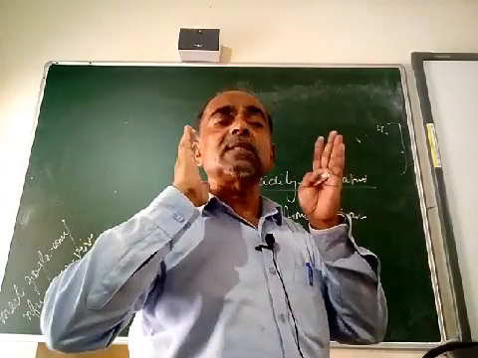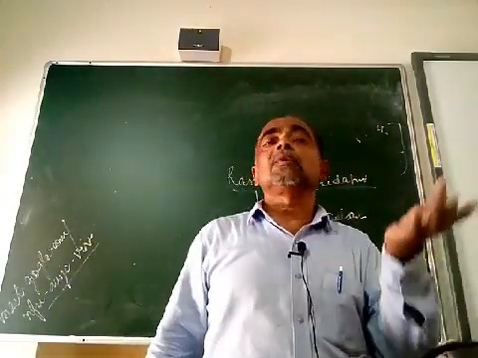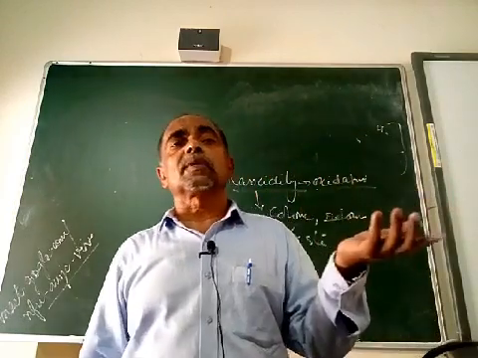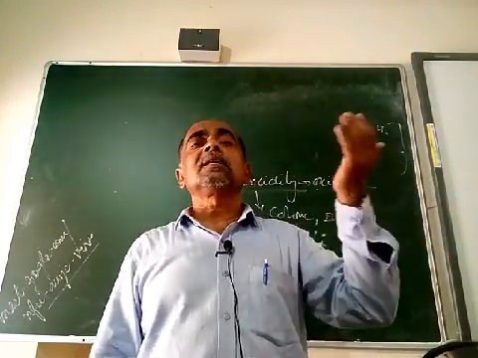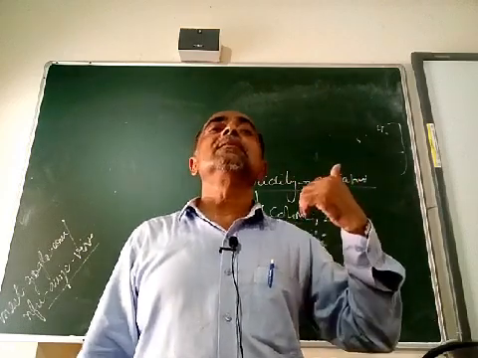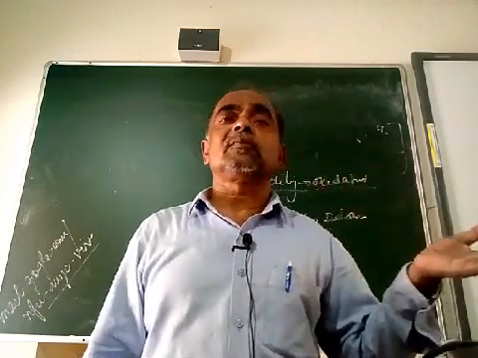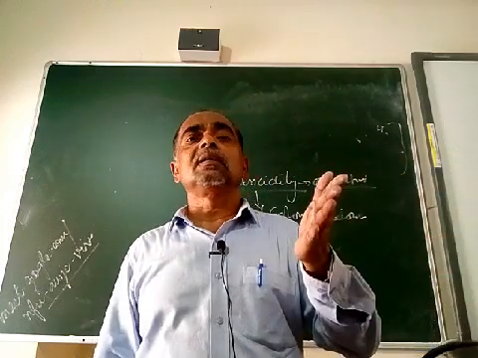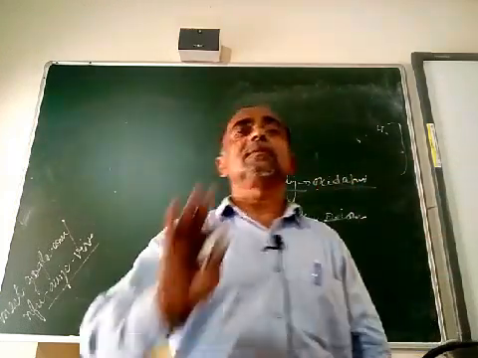And why does rancidity take place? Normally you know that food gets decomposed by the presence of bacteria. So the bacteria and the atmospheric oxygen react and the food gets decomposed, and that is the meaning of rancidity. And how can one prevent rancidity?